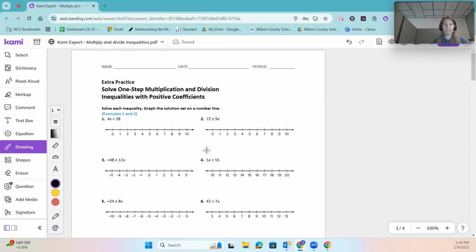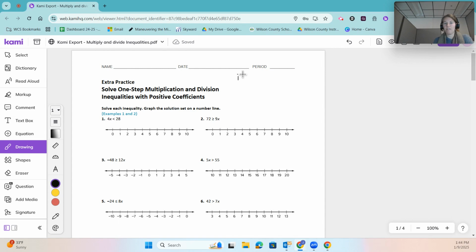Today we are multiplying and dividing with one-step inequalities. When multiplying and dividing inequalities, there is one rule that changes.